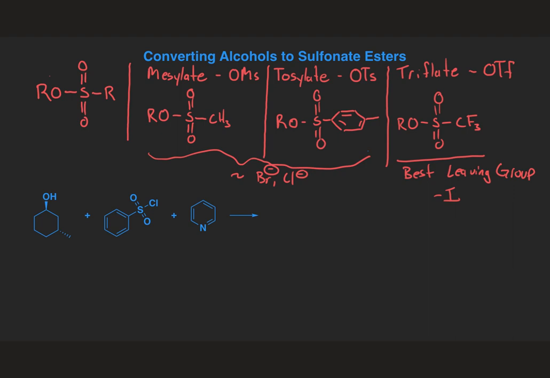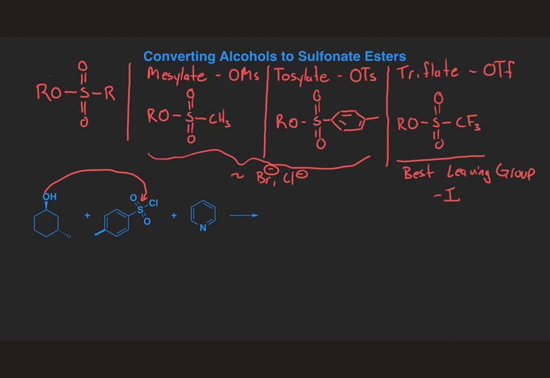If we look at how these sulfonate esters are formed, for the tosylate and the mesylate, they're going to start with a chloride. If we're looking at the tosylate, it's going to start with a tosyl chloride, and I see that my tosyl chloride is missing a methyl group, so I'm going to go ahead and toss that in there. And in this case, I'm reacting with a secondary alcohol, and in the first step, the electrons on my oxygen of the alcohol are going to come in and attack the sulfur.